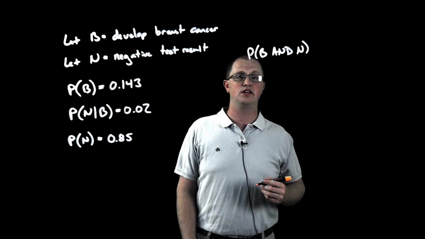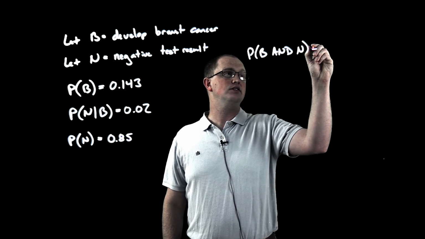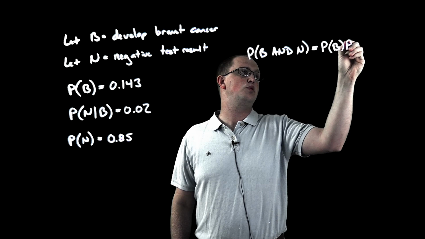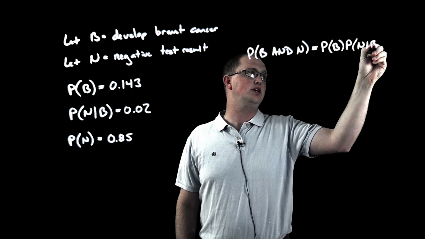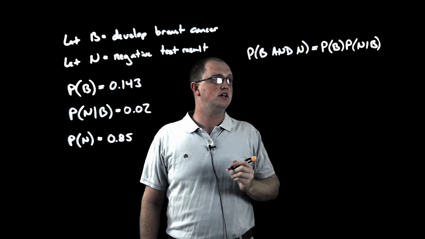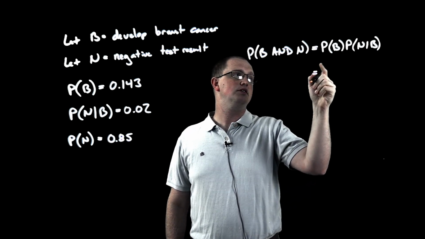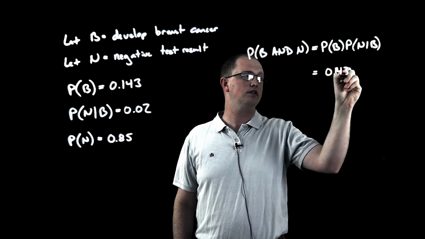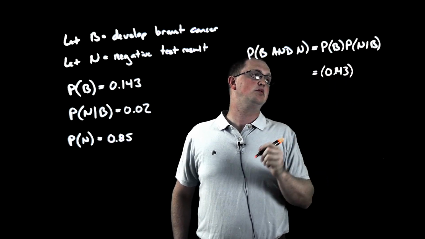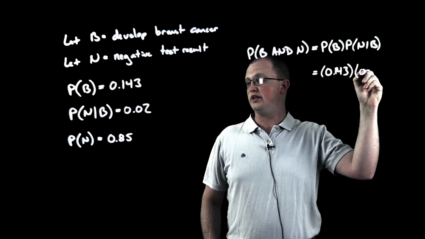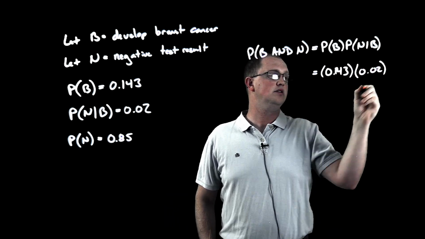And so that means that this probability is equal to the probability of B times the probability of N given B. And so the probability of B, we said, was 0.143. And the probability of N given B is 0.02.